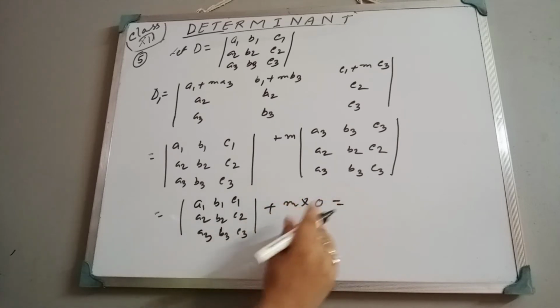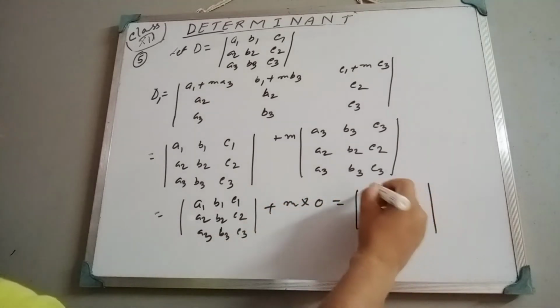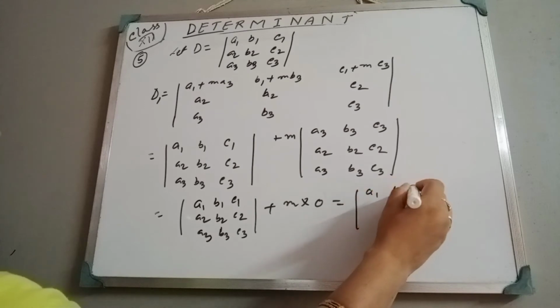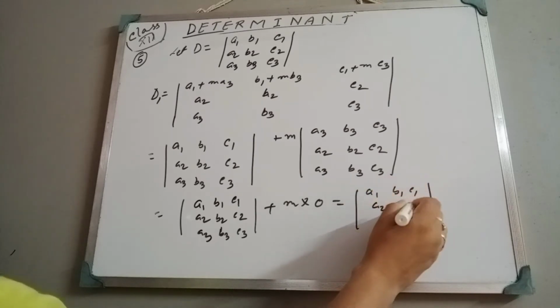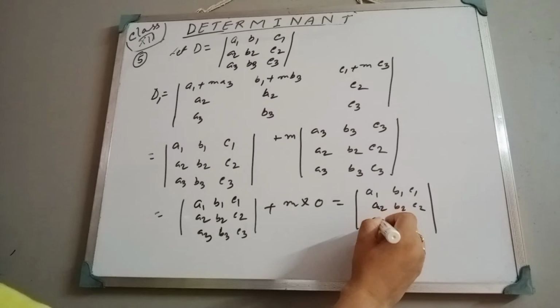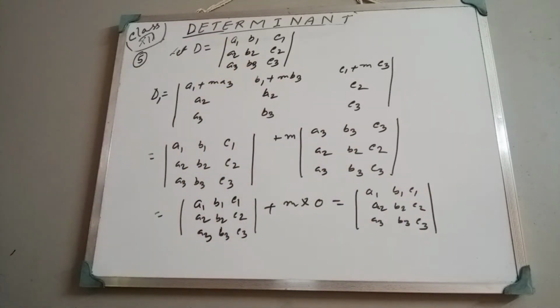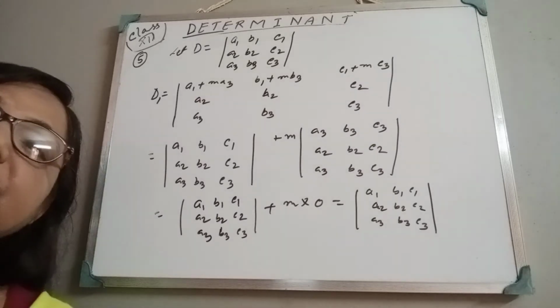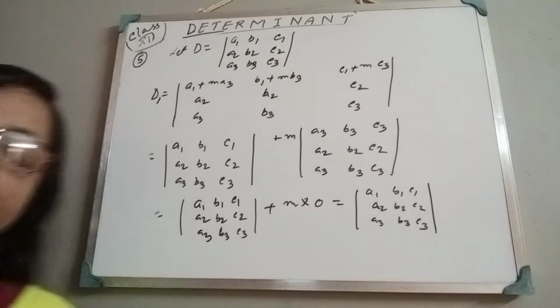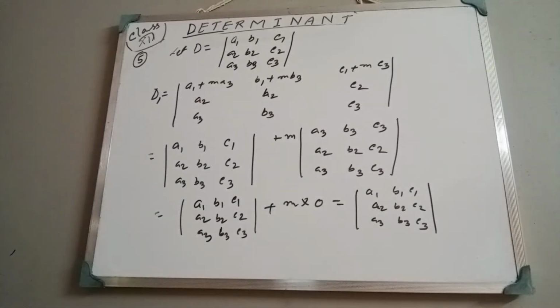That means this part becomes 0. So we will get the original determinant, which means there is no change in the determinant. This is the property.